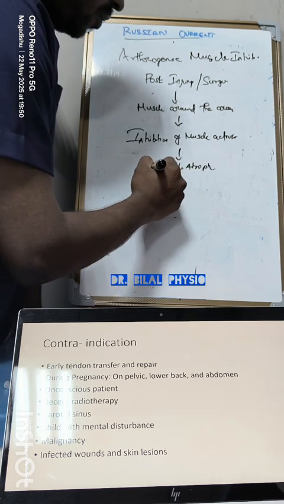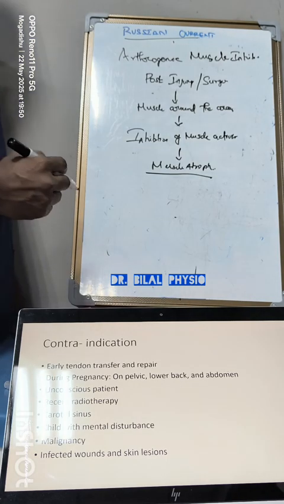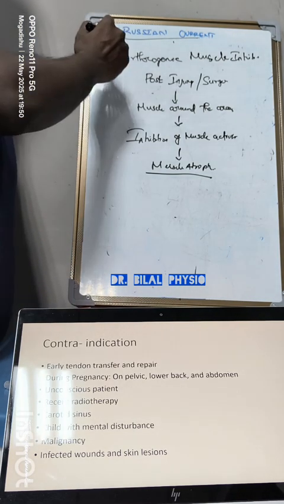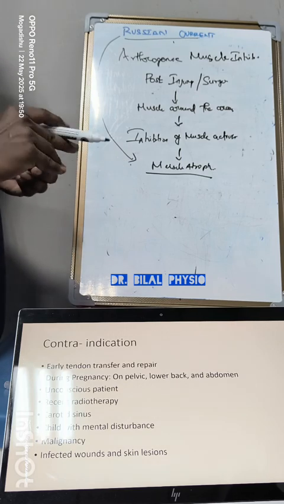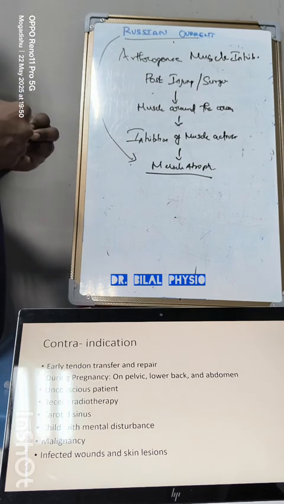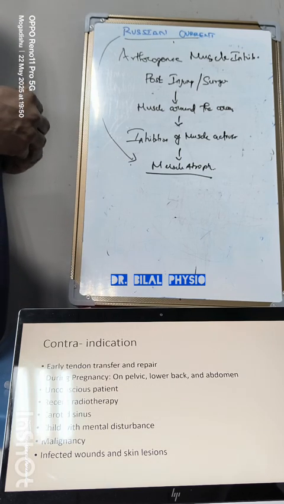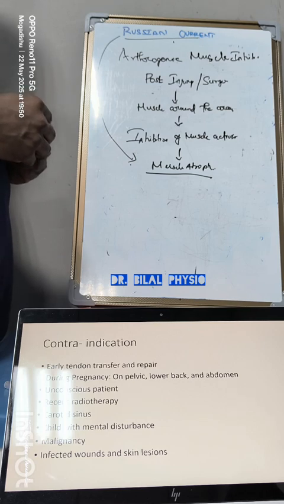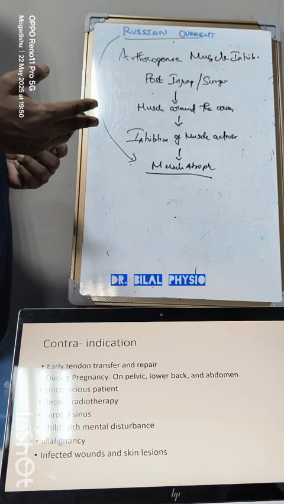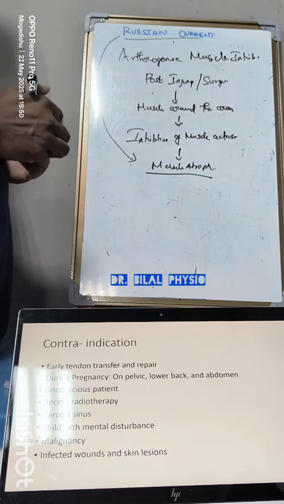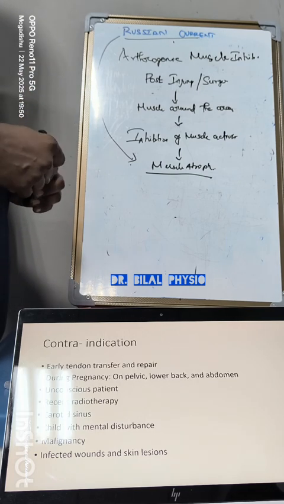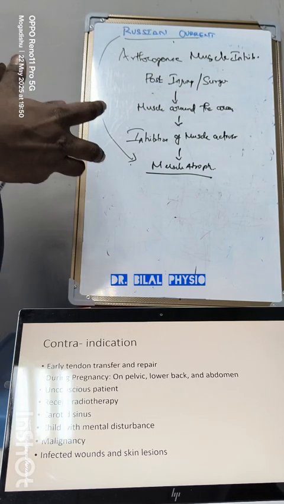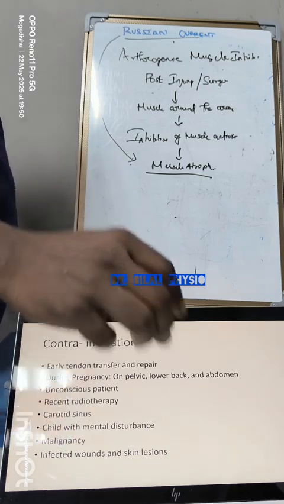So, to avoid this muscle atrophy, we have to start this Russian current therapy at a very early stage of our rehabilitation. The more we delay the muscle rehabilitation, the more time the recovery will take to recruit the required number of muscle fibers.